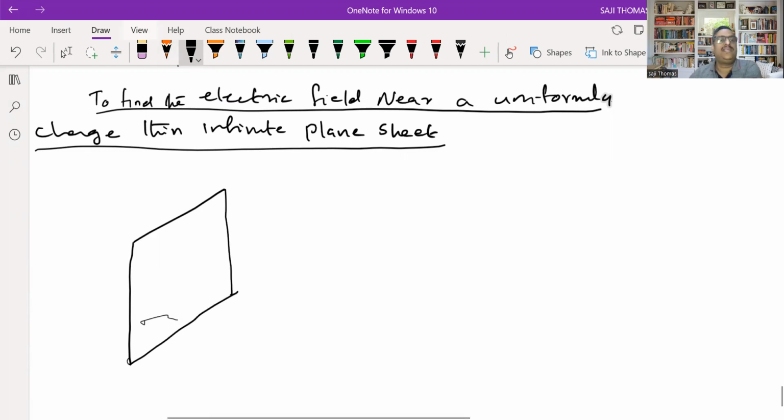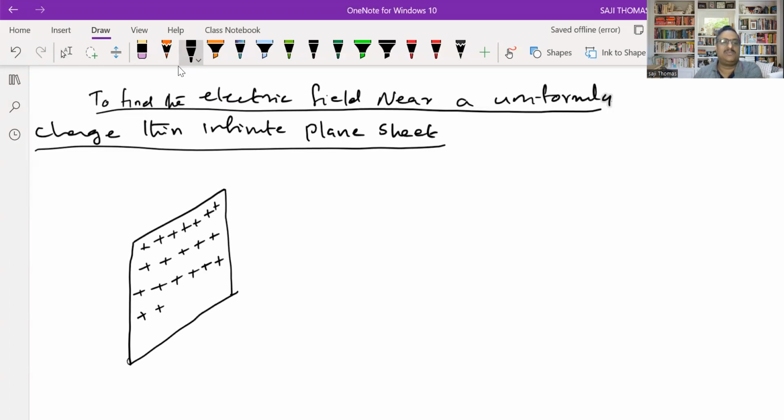It is uniformly charged. So let Q be the charge on it. See, these are the charges on it. Remember, the sheet is very thin. A charge Q is distributed over its surface uniformly.